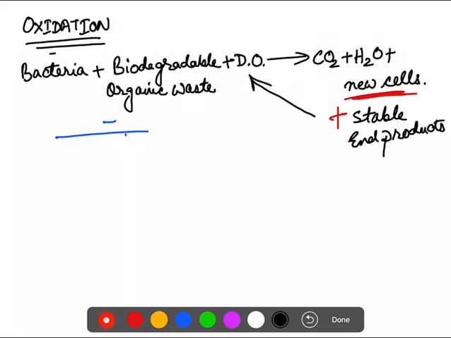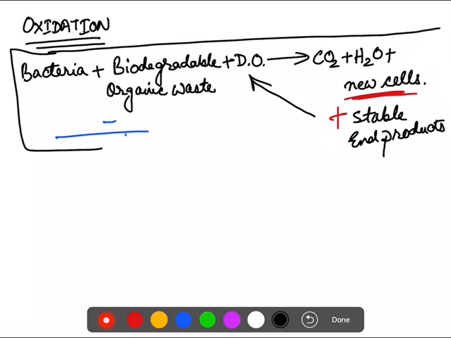This is the complete reaction by the aerobic bacteria.